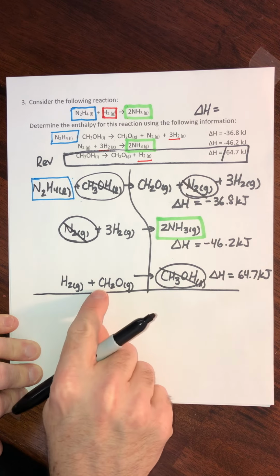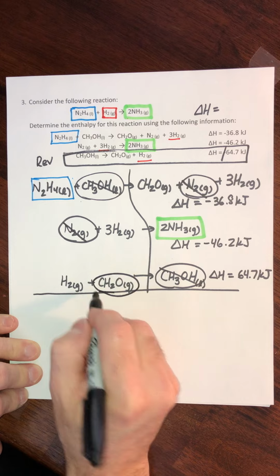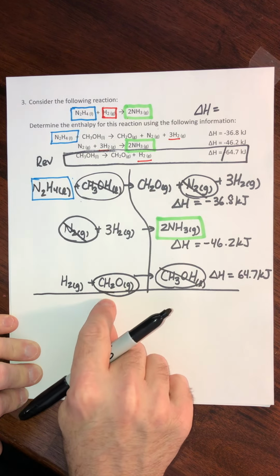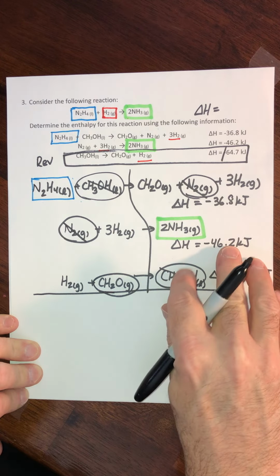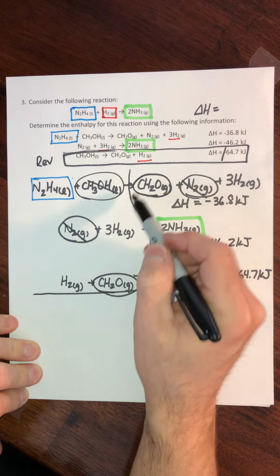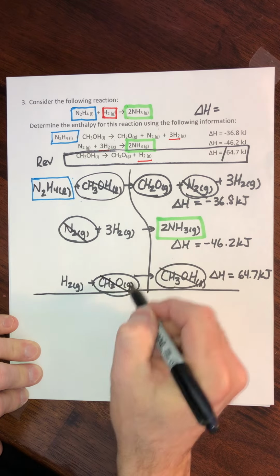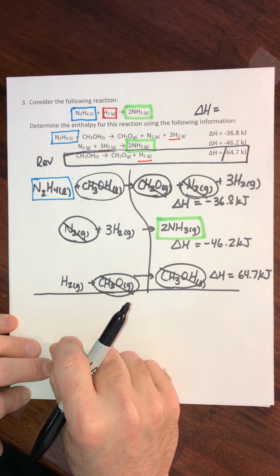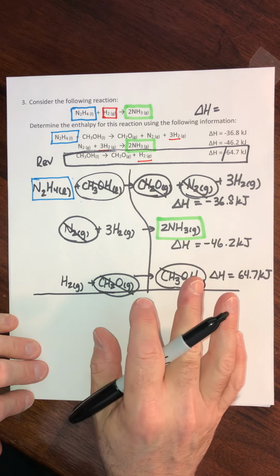If I look at the CH2O, there's no CH2O in my target equation, so that has to go away. If you look on the product side, there's a CH2O. One of them and one of them, they're both gases. They cancel.